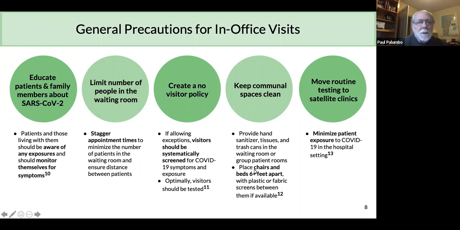Limit the number of people in the waiting room, stagger appointment times to minimize the number of patients in the waiting room, and ensure distance between patients. This is an ideal consideration, not always fully possible, but you can see the theme of trying to protect and prevent person-to-person transmission.